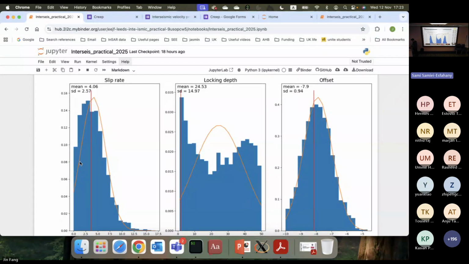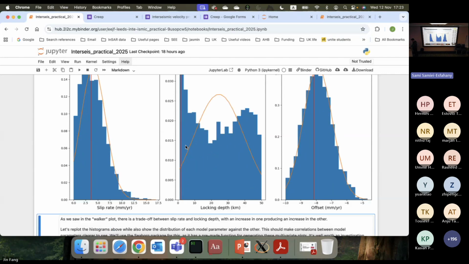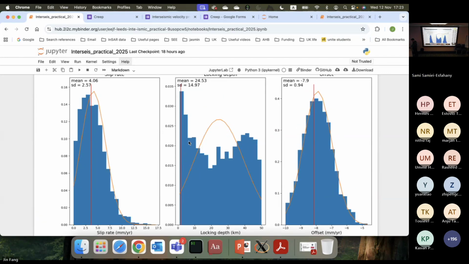We also plot the red line, which should also align with the peak of the histograms, but sometimes the locking depth, like here, tends to appear shallower, as indicated by the steep velocity gradient.